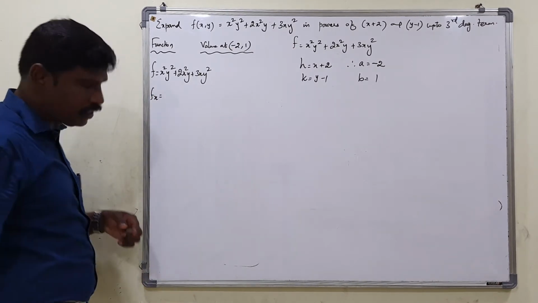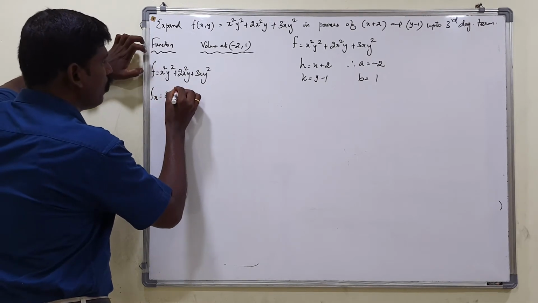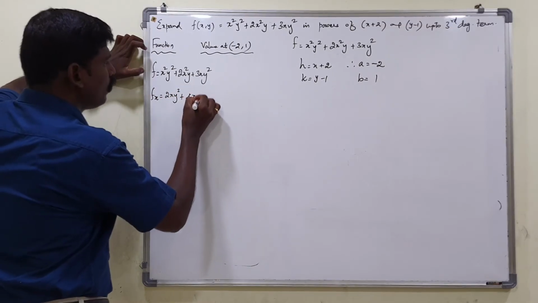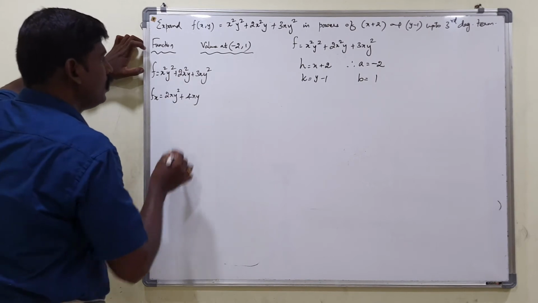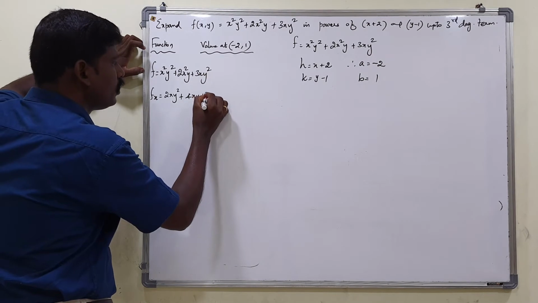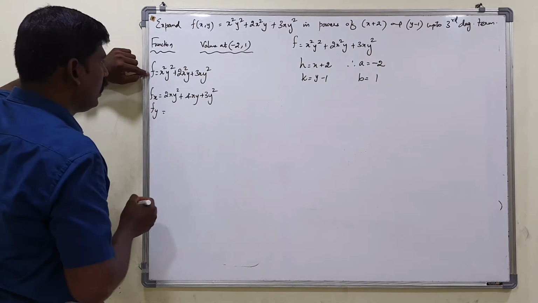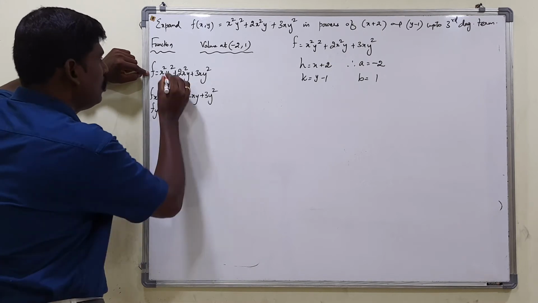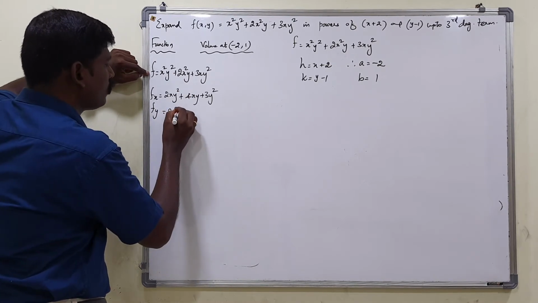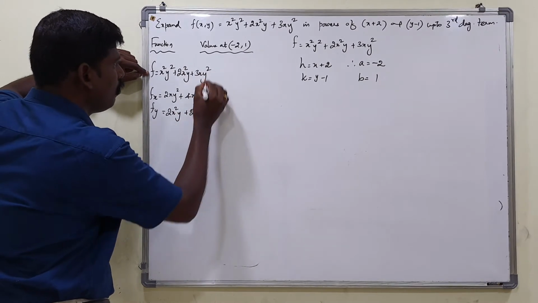Partial derivative of f with respect to x. So 2x into y square plus 4xy plus 3y square. x square becomes 2x, 2 into 2x into y, 4x. Plus 3 into 1 into y square, 3y square. And then fy, the derivative of f with respect to y partially. So 2x square y, y becomes 1, so 2x square plus 2y.